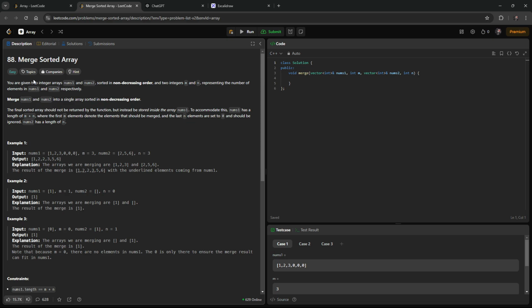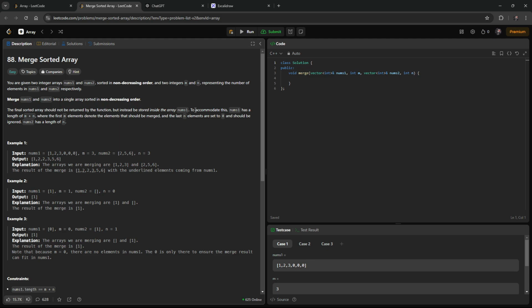You are given two integer arrays nums1 and nums2 sorted in non-descending order and two integers m and n representing the number of elements in nums1 and nums2 respectively. Merge nums1 and nums2 into a single array sorted in non-descending order. The final sorted array should not be returned by the function but instead be stored inside the array nums1.